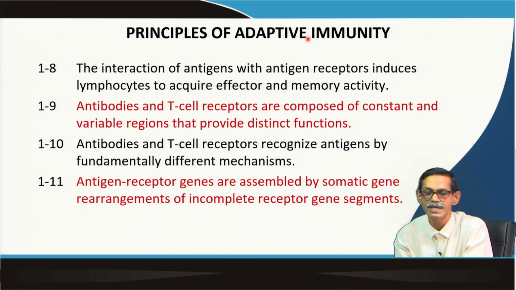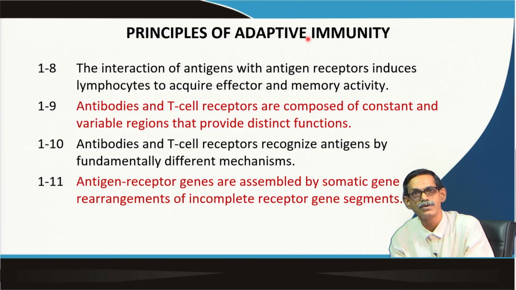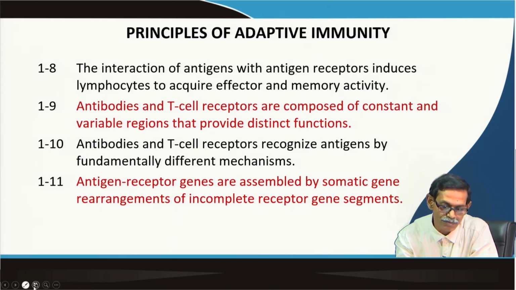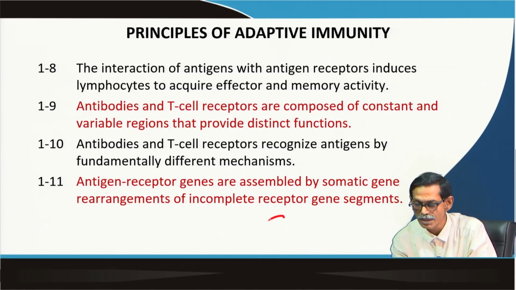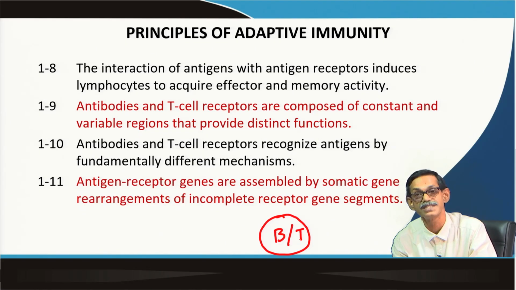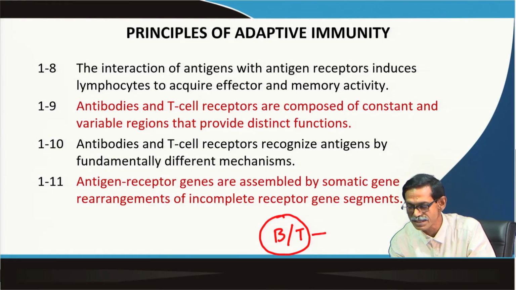The first point: the interaction of antigens with antigen receptors induces the cell to acquire effector and memory activity, which we have told a little bit. So, what is this receptor I mentioned? If this is the cell, and this is normally a B or T lymphocyte, say for now B or T cells, then B and T cells have receptors. This Y type of receptor is what we draw for B cells, and for the T cell receptor we can draw it like this.